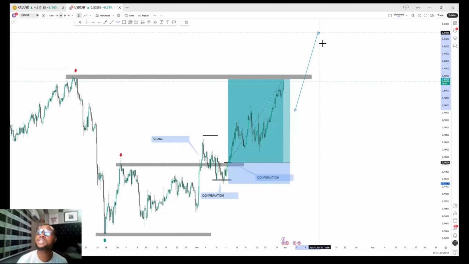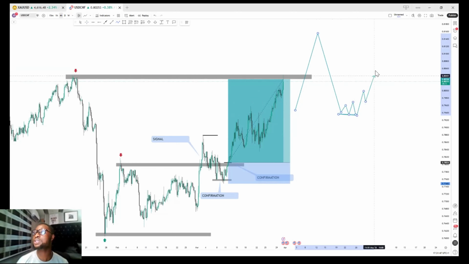Then you will wait for the market to come back again to give you that confirmation, and then buyers will hold the price as a confirmation. Then from this confirmation, you will see buyers making a new high.